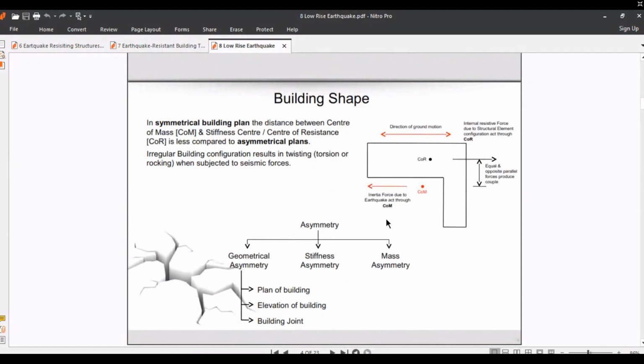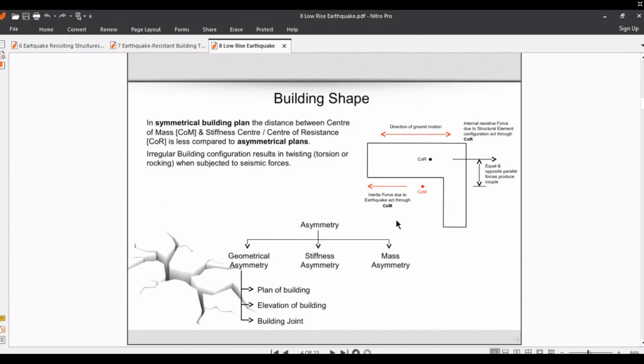Okay, this slide shows earthquake resistant design based on building shapes.